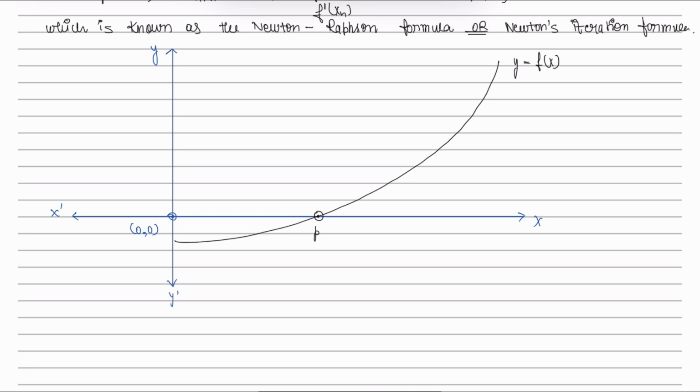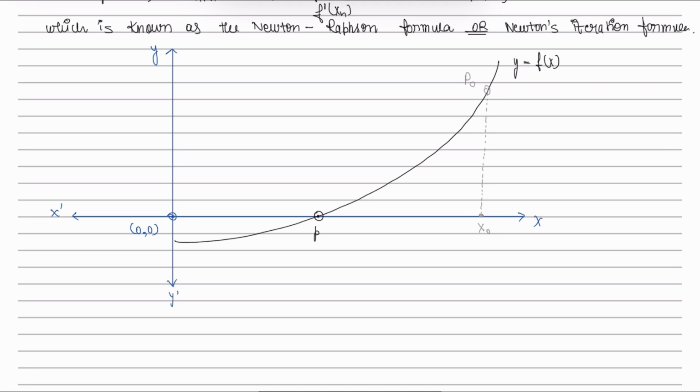So we can say that P is the root of my given equation y is equals to f of x. Let us suppose x naught be my initial approximation to the root. Then its corresponding value of y be p naught.